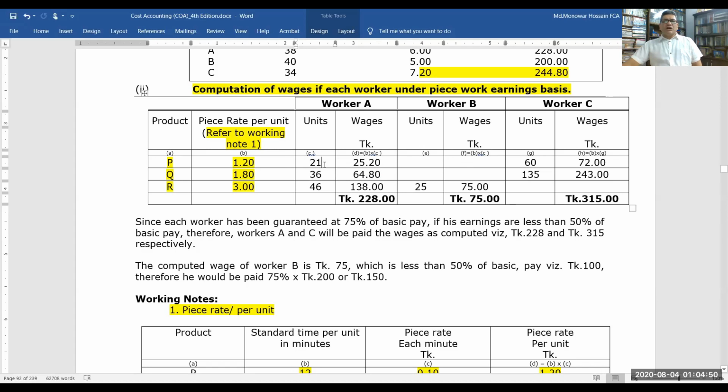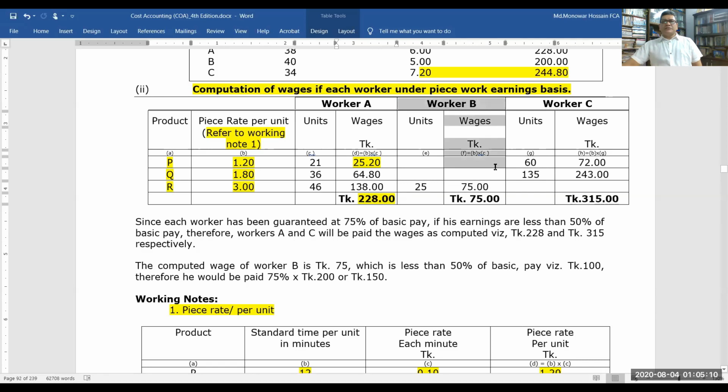So 21 multiplied by 1.2 gives 25.20. Same way, and the total would be 228.